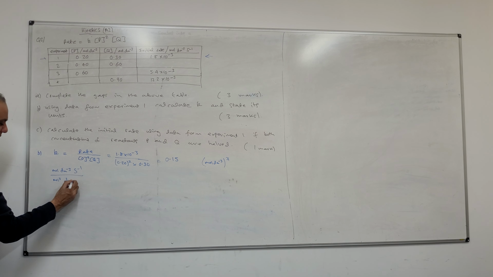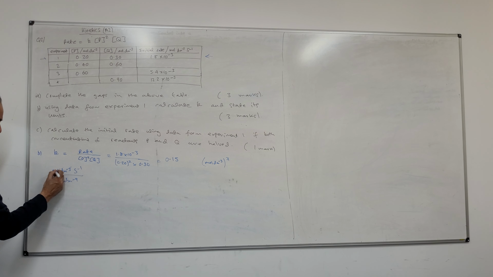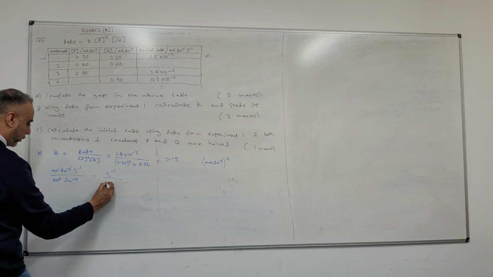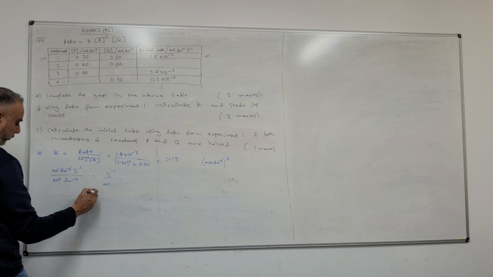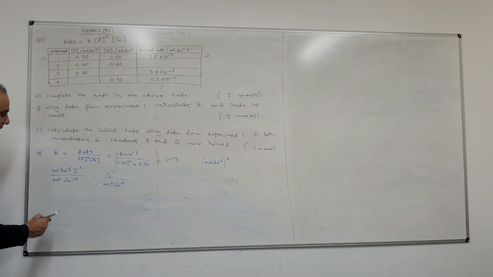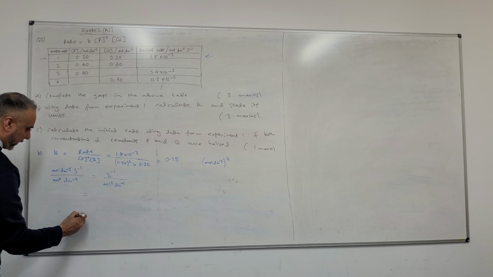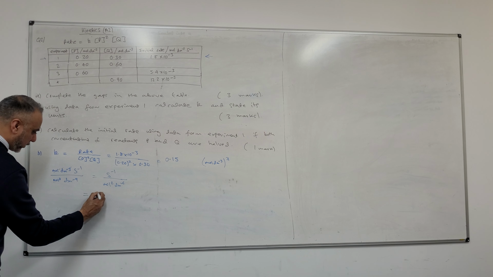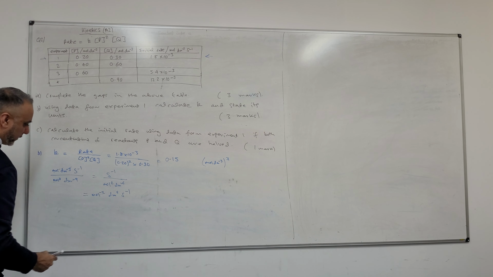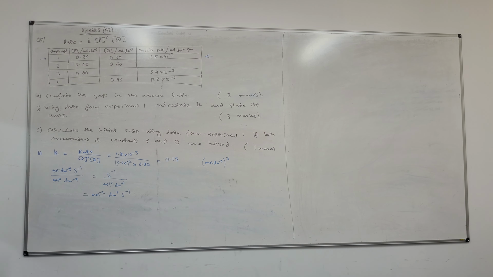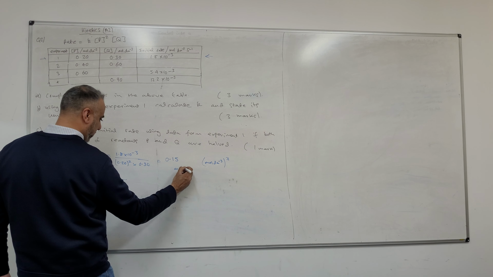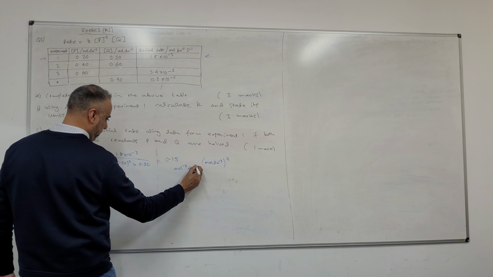So, and then dm to the negative 9, this cancels out with that, that cancels out. So at the top we've got seconds to the minus 1, at the bottom mole. 3 take away 1 is 2 power and dm minus 6. Make sense? So what we have is mole to the minus 2, dm to the 6 seconds to the minus 1. Happy?